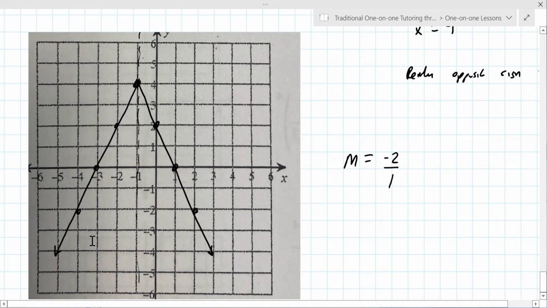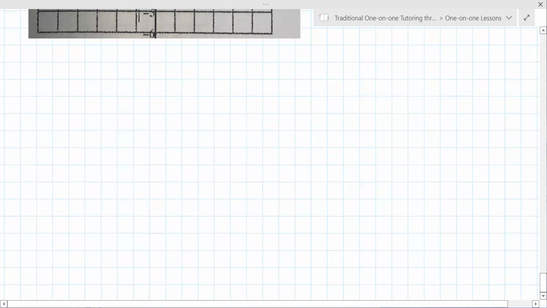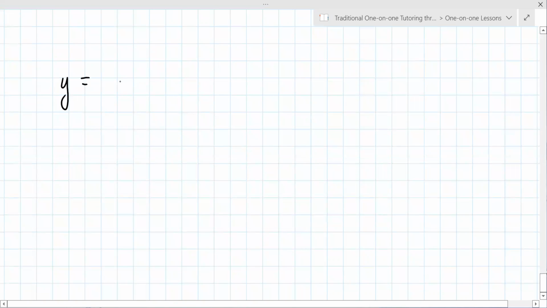You want to try one more? Yeah. Okay. y equals 1/2 absolute value of x plus 3, minus 2. What's the vertex?